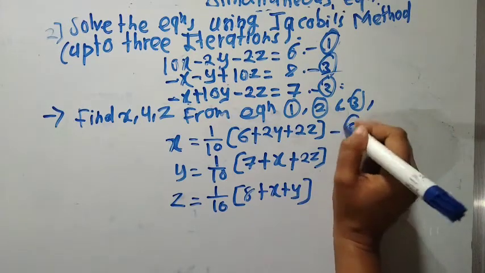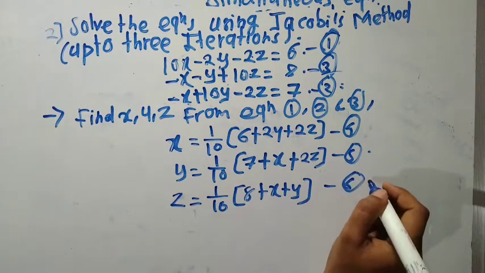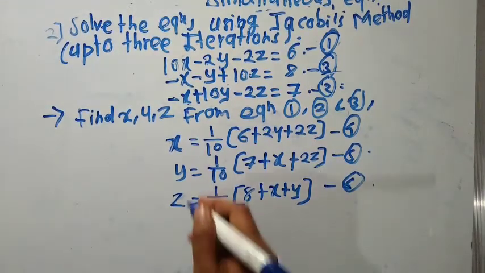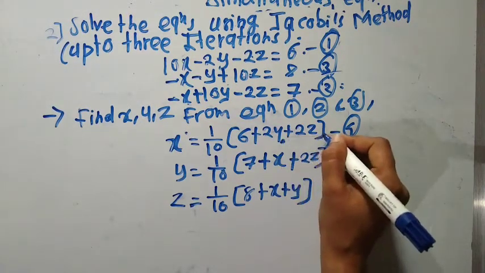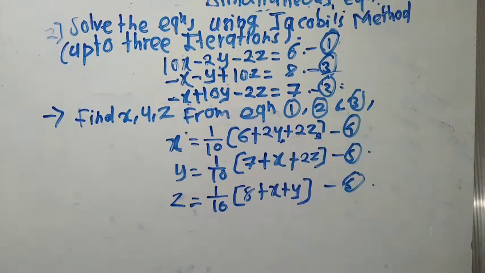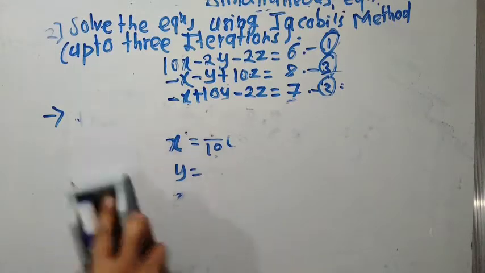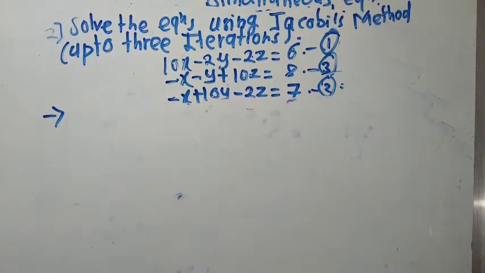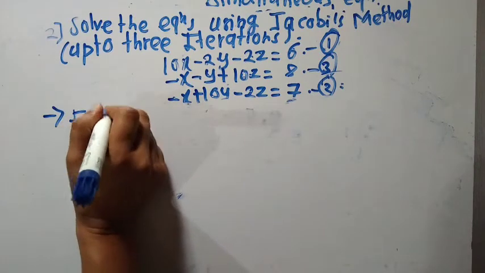These are the fourth, 5 and 6 equations. Then find x, y, z. Here only use y0, z0 and find the first iteration.